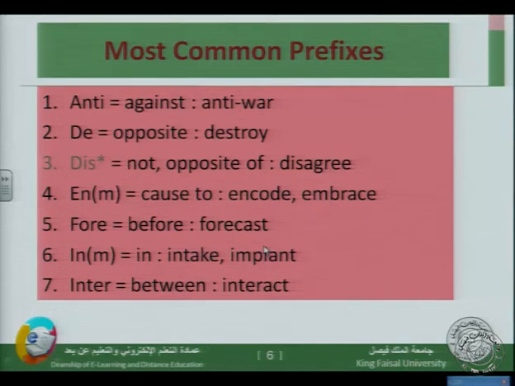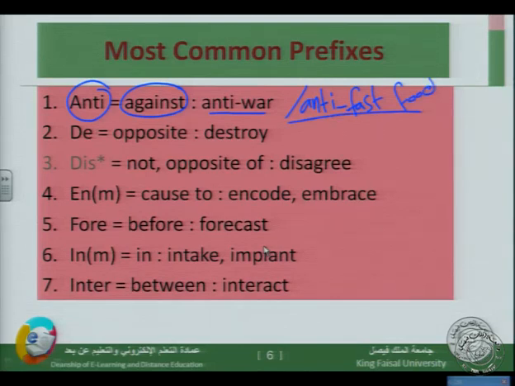The first one is anti. Anti means against. When we say anti-war, or for example, anti-fast food, it means you're against them. You're not supporting them.